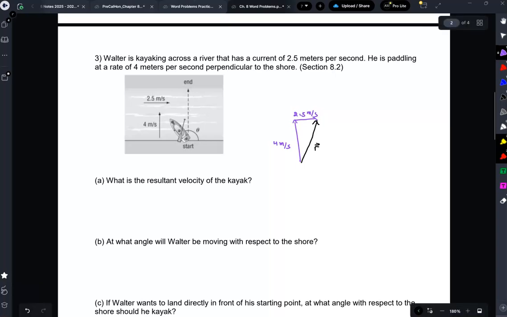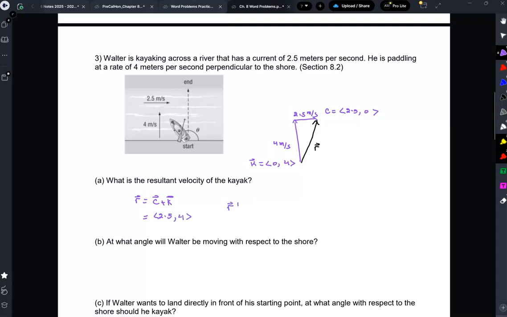In this case, the current has components of 2.5 comma 0. And then what is this? This is the kayak. This has components of 0 comma 4. So the resultant is going to be, when I add the two of them, C plus K. It's going to be 2.5 comma 4.